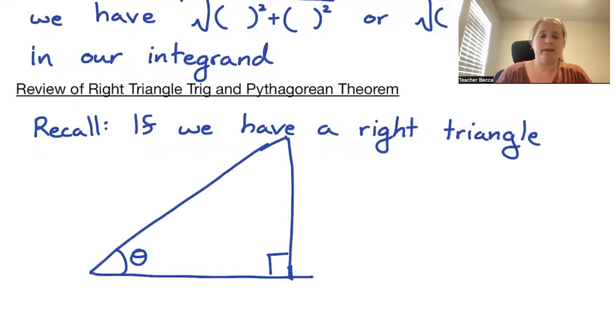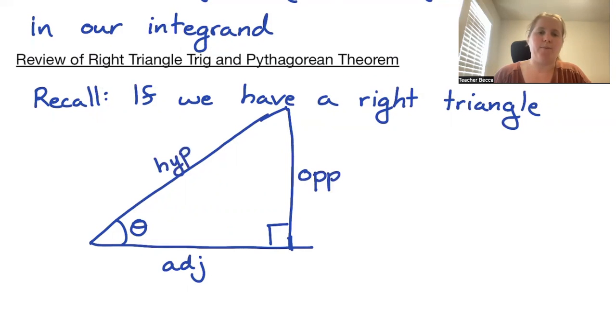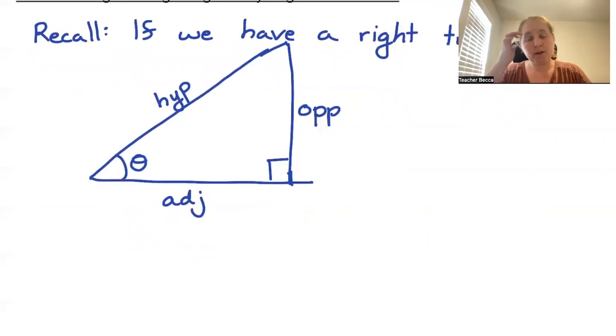We'll label the leg that's adjacent to that angle ADJ for adjacent. The leg opposite, we will label OPP for opposite, and then the hypotenuse, we will just label HYP for hypotenuse. Then the trig functions, our six basic trig functions, can all be written in terms of ratios of these three sides.